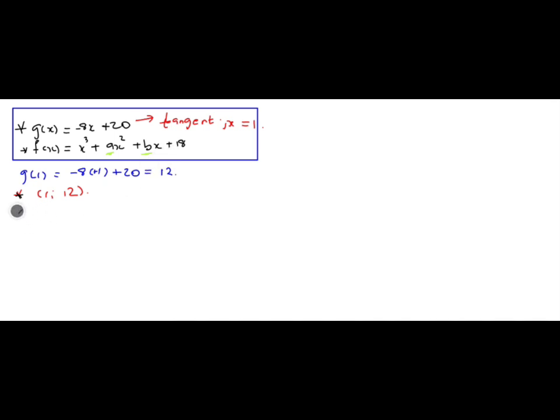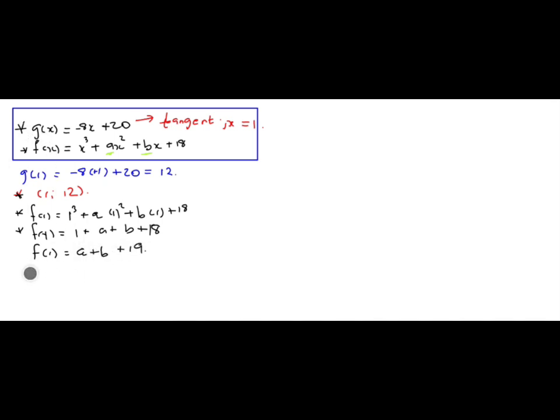So I know that f at 1 requires me to, of course, substitute 1 where I see x. So I'm going to have 1 cubed plus a into 1 squared plus b into 1 plus 18. So f of 1 is 1 plus a plus b plus 18, and that is a plus b plus 19.